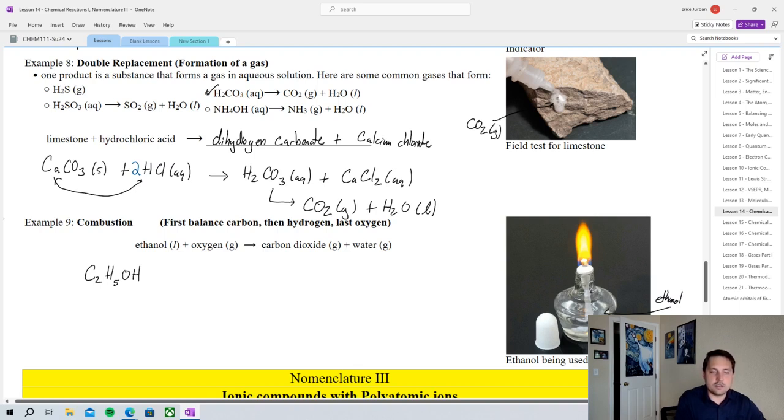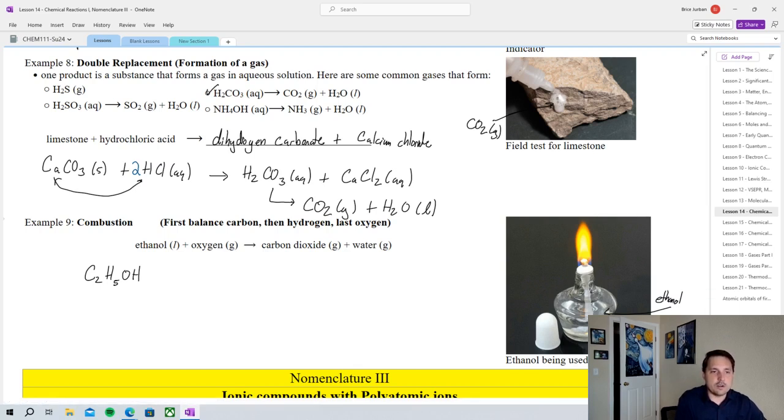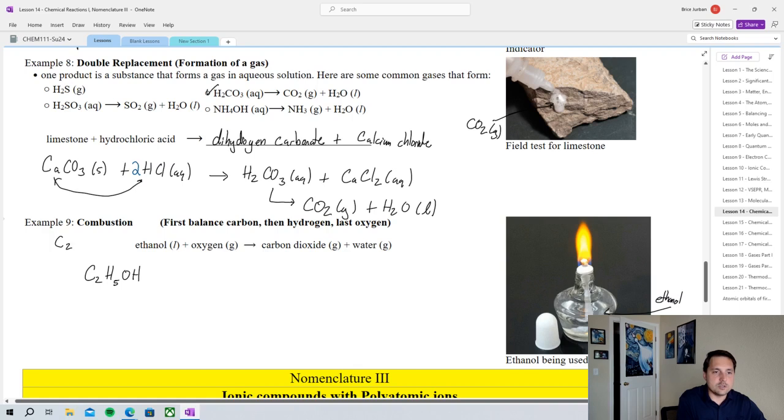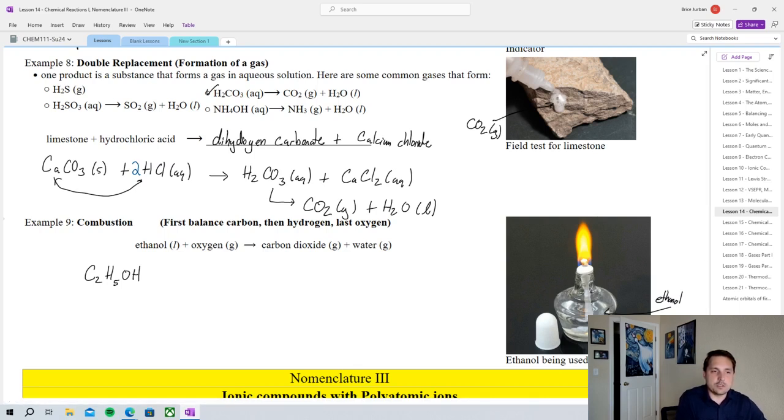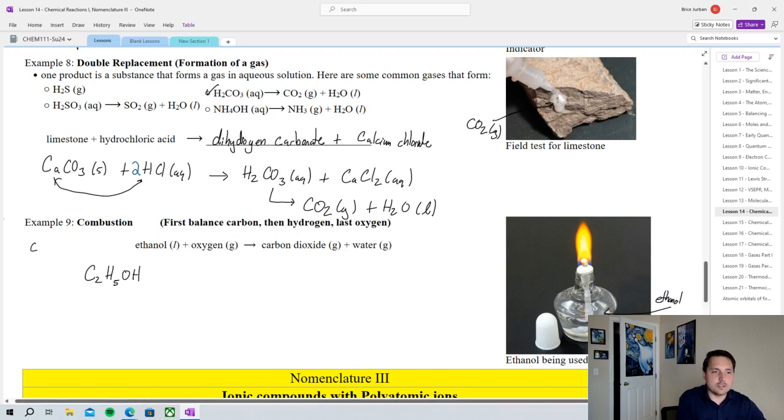Another way that you'll commonly see ethanol written is C2H6O. The reason I'm not going to write it that way is because this is the proper way to write it in terms of organic chemistry. We want to indicate that there's a hydrogen attached to this oxygen. If we were to draw out the Lewis structure for this one, it would look like this.